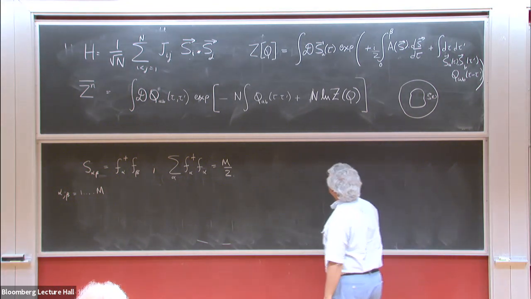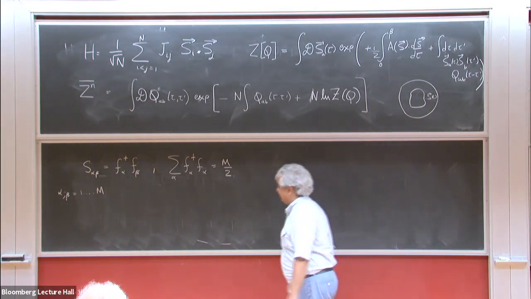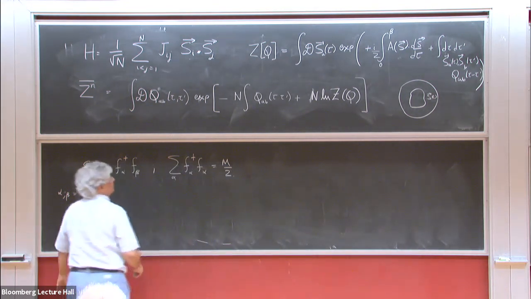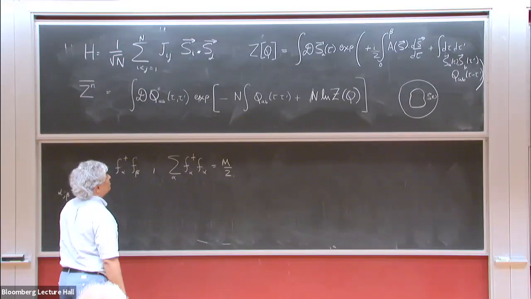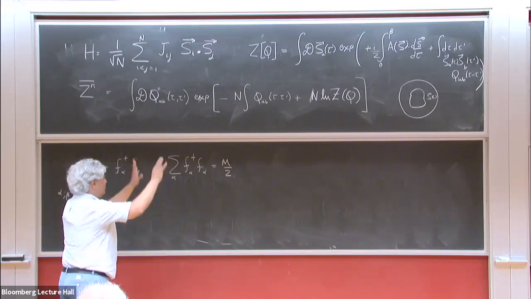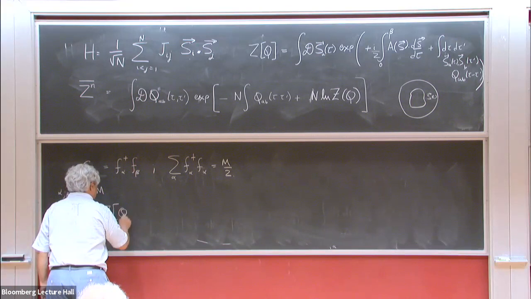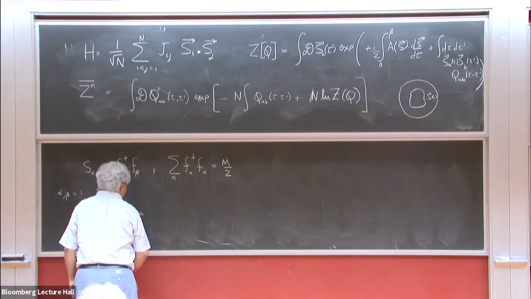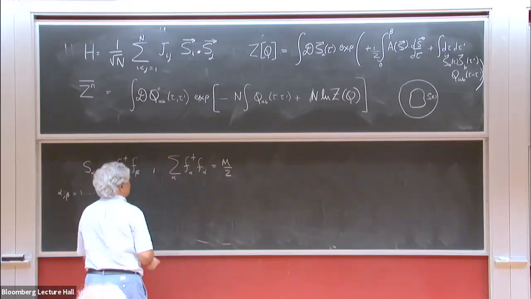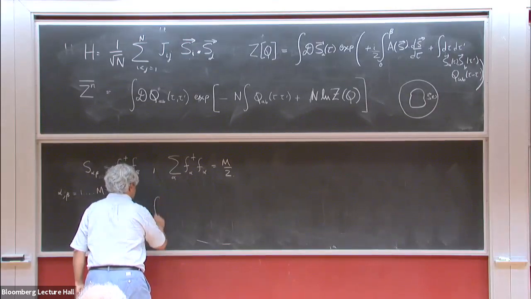And then Z of Q can be written in the following form after a few tricks. I'll write it in a form that will make the connection to SYK very obvious.